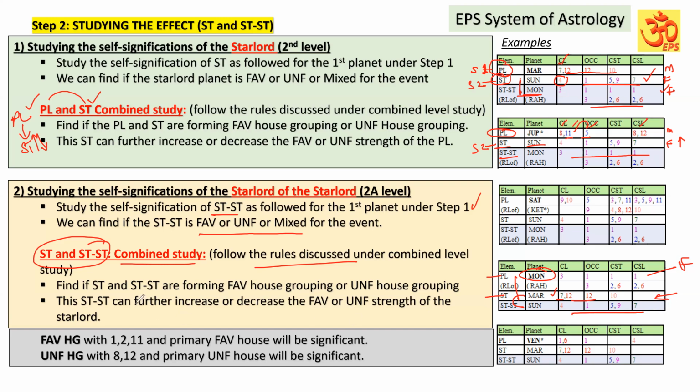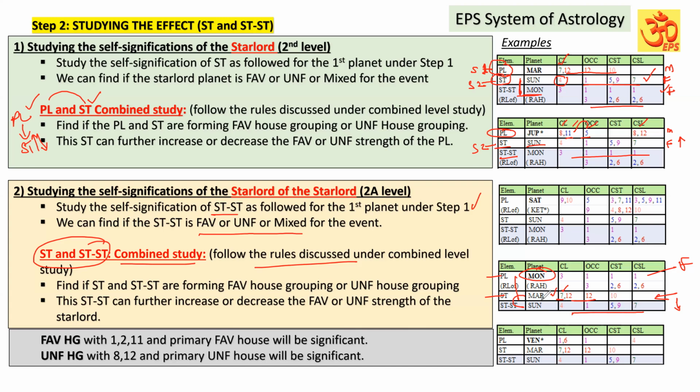It means Starlord and Starlord of the Starlord are not actually forming favorable grouping, but unfavorable houses of the Starlord is getting reduced by the favorable grouping of the Starlord of the Starlord. It means what? The Starlord is increasing the strength of the Starlord, seventh house, and decreasing the unfavorable grouping of the Starlord.